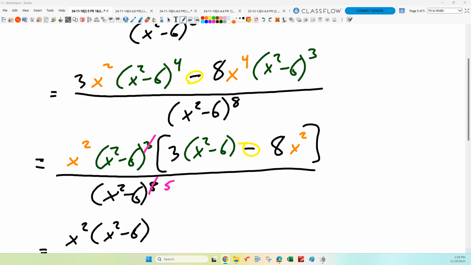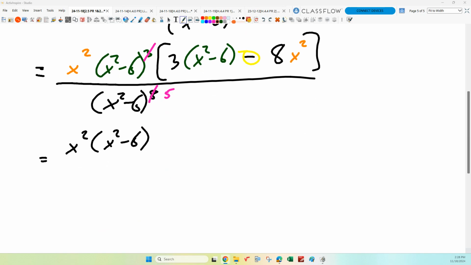Why is there still an x squared minus 6 on top? Oh, there's not. You're right. There's not. That went away, didn't it? That whole thing went away.